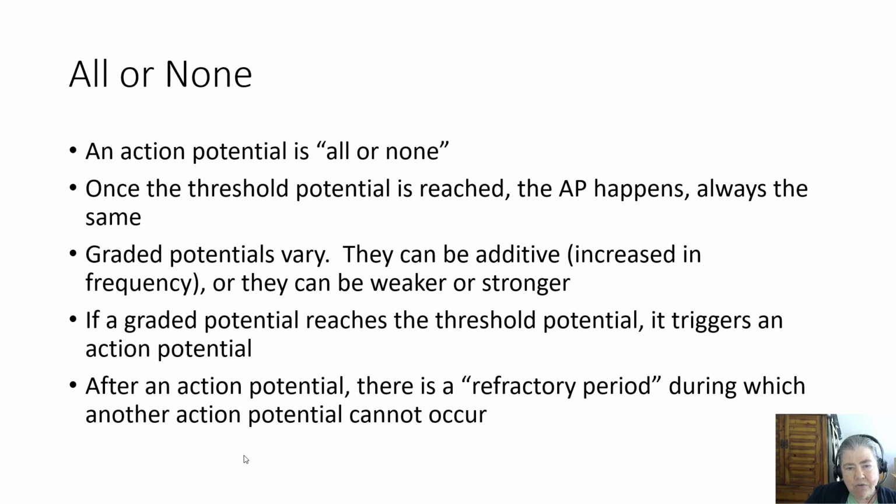You can have graded potentials that are additive, increased in frequency, or they can be weaker or stronger, like more or fewer molecules of a chemical ligand. But once it reaches the threshold potential, it triggers an action potential. Once an action potential occurs, there's a refractory period while everything resets, during which you can't have another action potential.